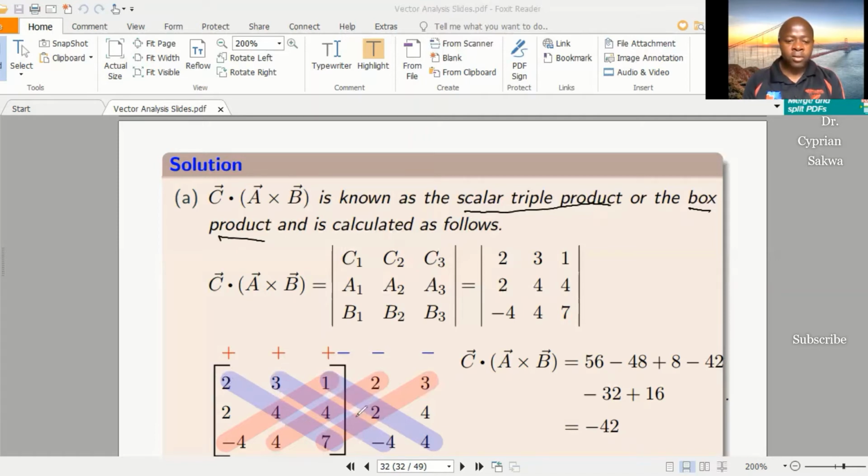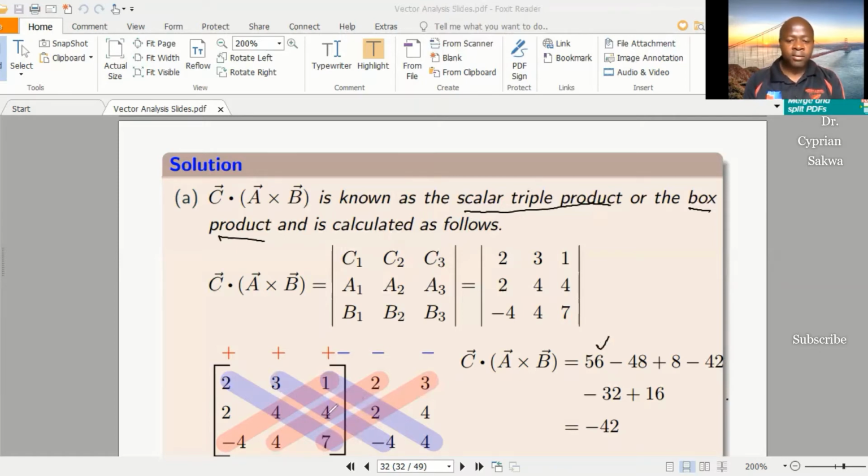There are three diagonals in blue, running from the top left to bottom right. I'll multiply along them and add the results. So for instance, 2 times 4 is 8, times 7 is 56.